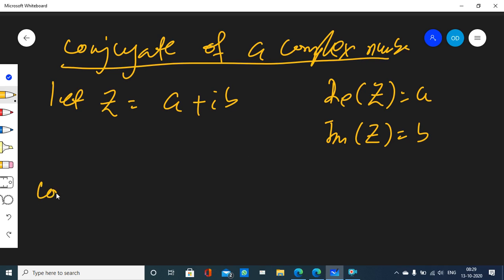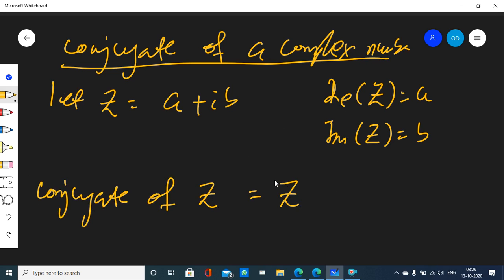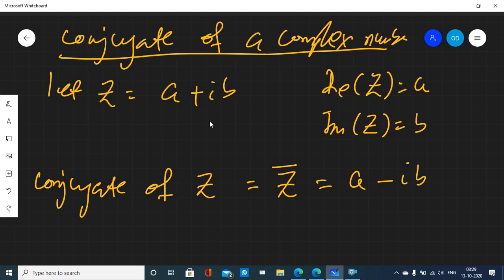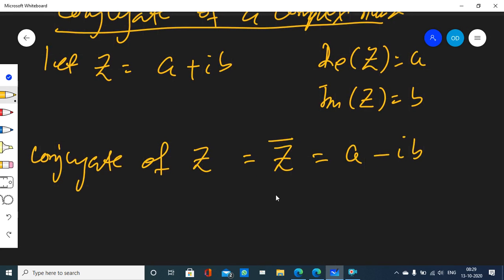Then the conjugate of z is denoted by z with a bar on top, which is equal to a minus ib, where the real part is the same as the real part of z.